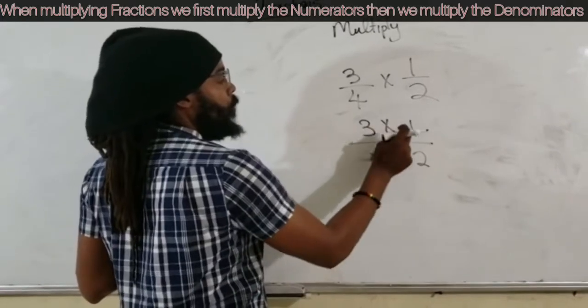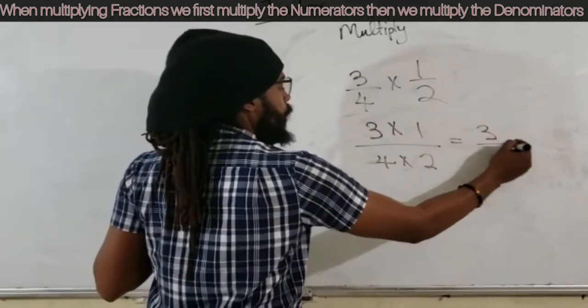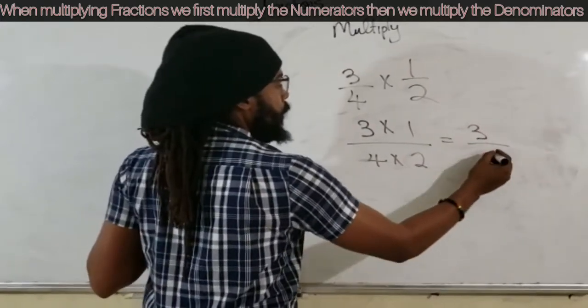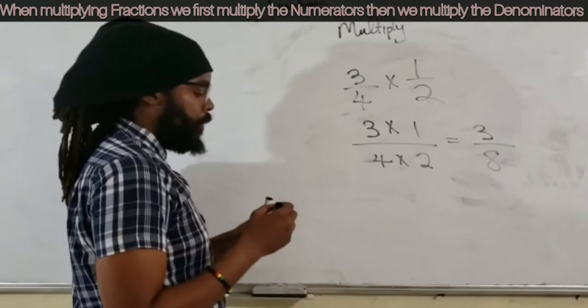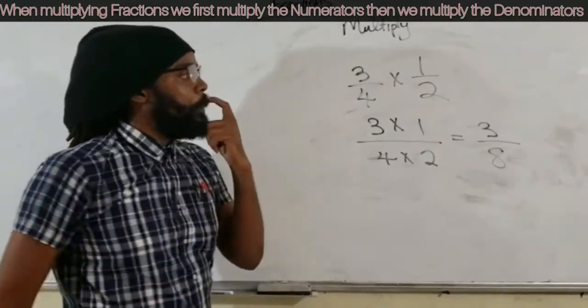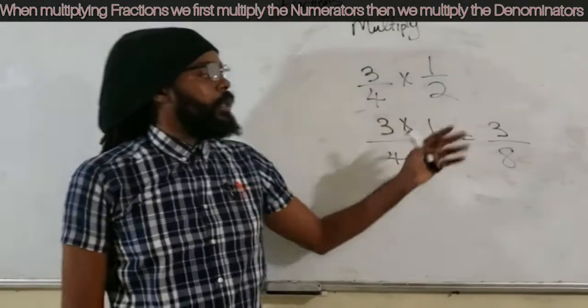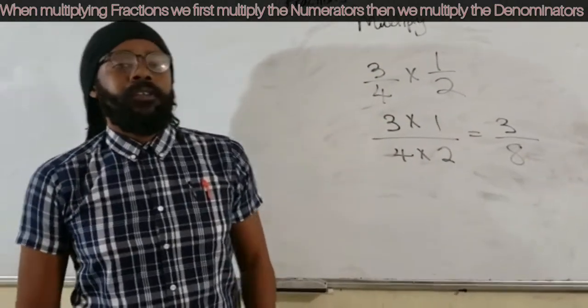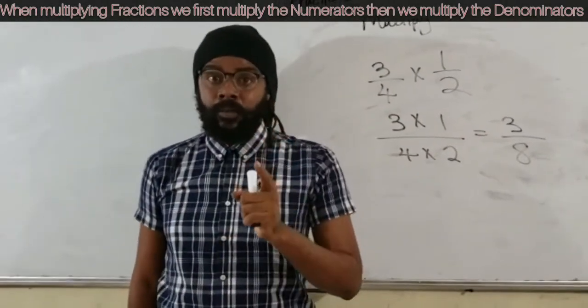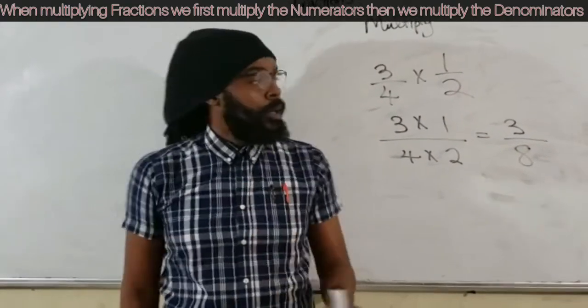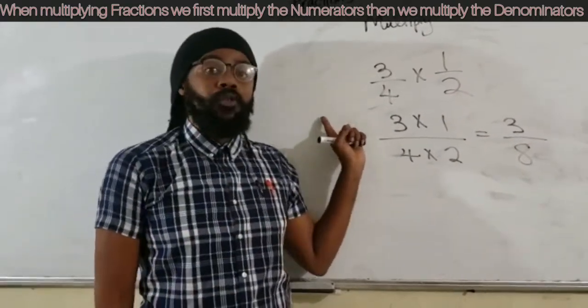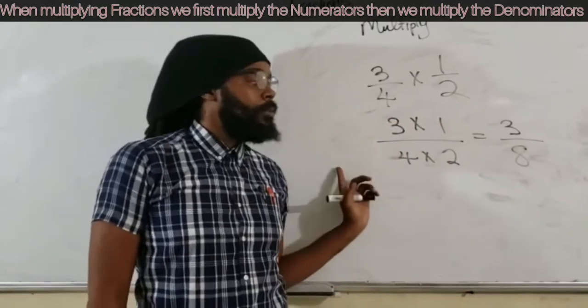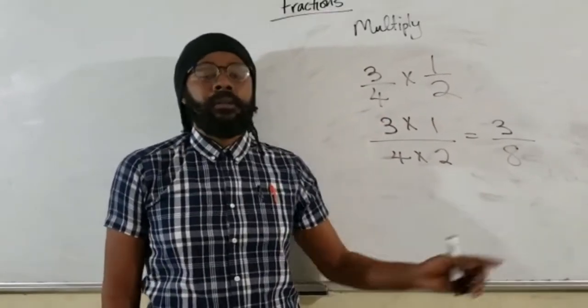So 3 times 1 is 3, 4 times 2 is 8. If you're given 3/4 multiplied by a half, then the answer would be 3 over 8. So just remember the concept: when multiplying fractions, we simply multiply the numerators, then we multiply the denominators.